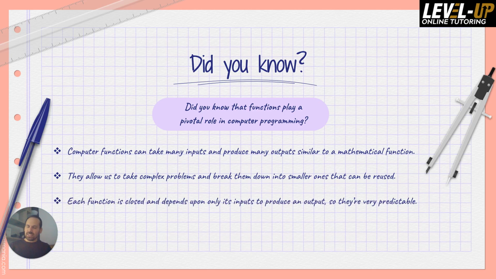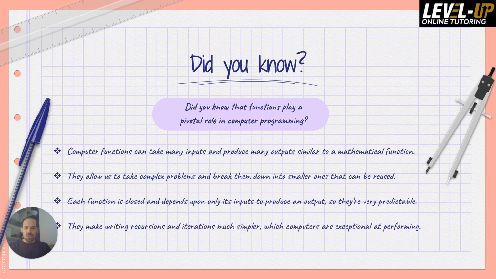They're very predictable, because if you give it particular inputs, it will always produce the same outputs, because it's its own confined thing. Like if we have f of x, and that was part of a bigger calculation, it's its own contained thing, isn't it? The contents of that function is contained within that f of x. That's what makes it really handy. Like what we've seen with compositions and recursions or iterations.